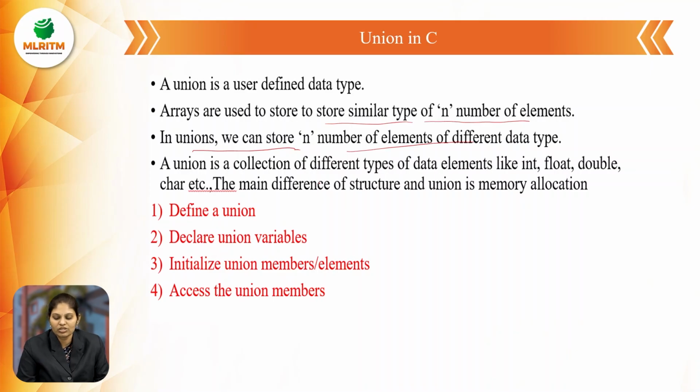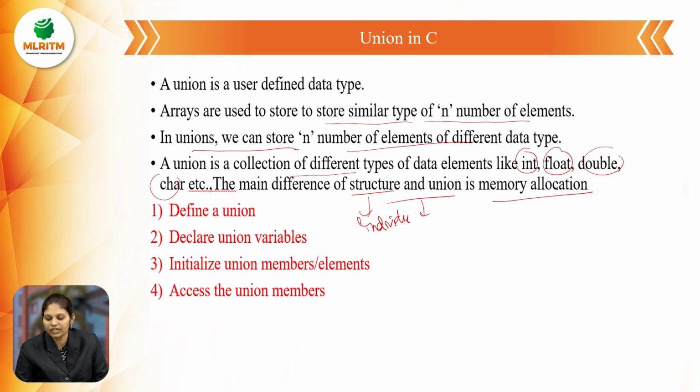A union is a collection of different types of data elements like integer, float, double and character. The main difference between structure and union is memory allocation. In a structure, we store the data individually. The main difference is the memory management.